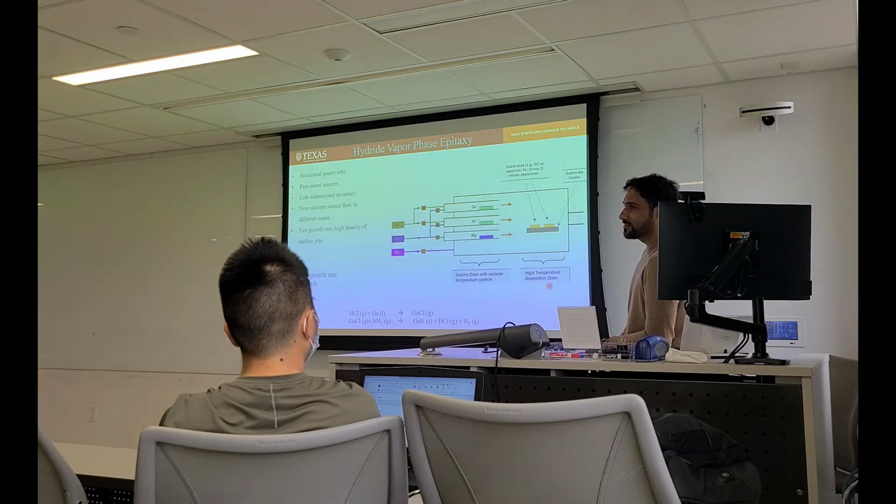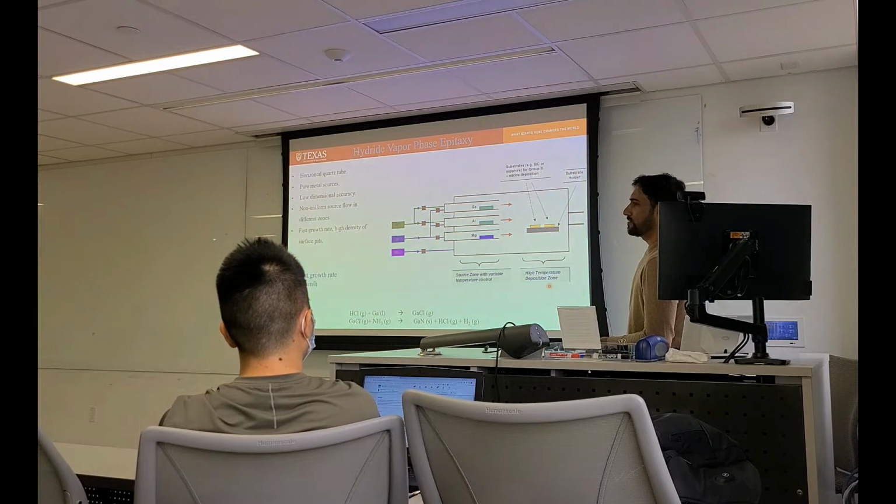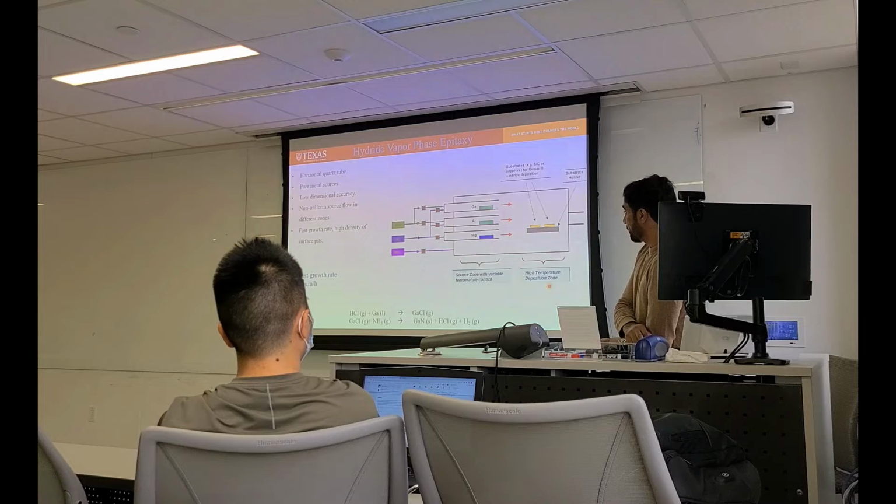That is very, very high, highest growth rate. With MOCVD, you can achieve around 3 to 4 micron per hour for good crystal quality, if you just optimize the crystal quality. The grown layers with HVPE, they have very less strain because they are very thick, but their crystal quality is not good. So that is the drawback.